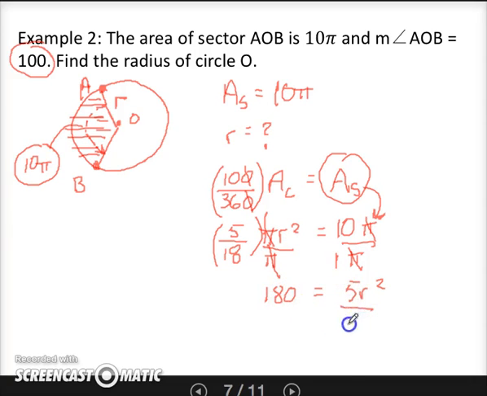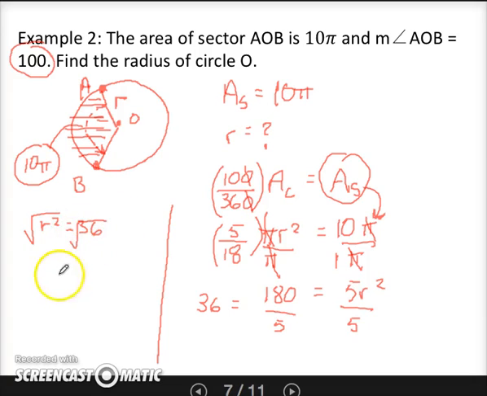So dividing both sides by 5, 180 divided by 5 is 36. So to finish my calculation, I have r squared equals 36. I can take the square root of both sides of this, and I get a nice whole number for r. R equals 6, the square root of 36.